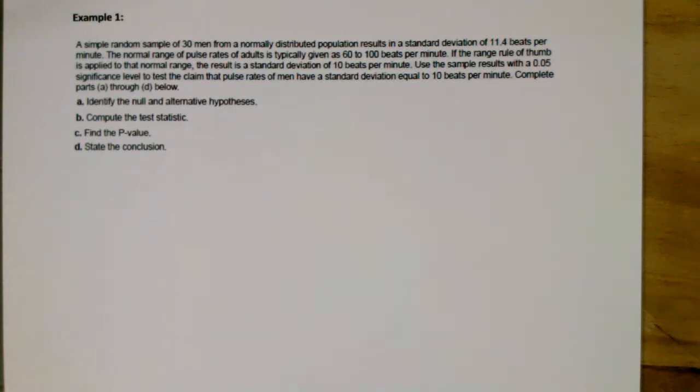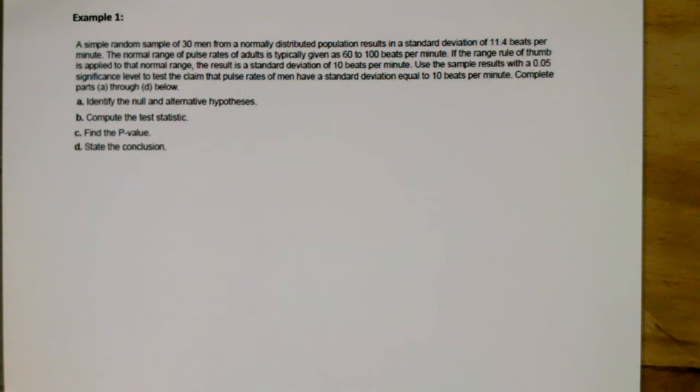The normal range of pulse rates of adults is typically given as 60 to 100 beats per minute. If the range rule of thumb is applied to that normal range, the result is a standard deviation of 10 beats per minute. Use the sample results with a 0.05 significance level to test the claim that pulse rates of men have a standard deviation equal to 10 beats per minute.